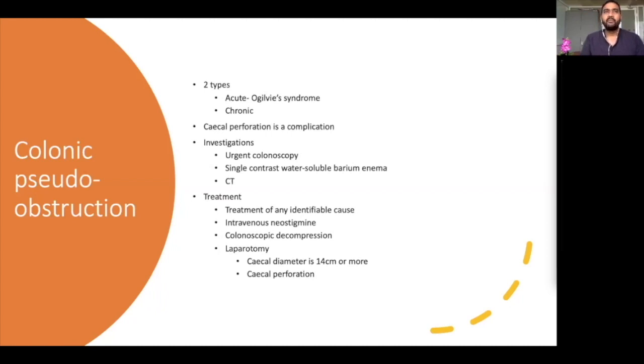Then, if it is a mechanical intestinal obstruction, we have to find out whether its cause is a loaded bowel or hard stool. For that, we have to do a digital rectal examination for every intestinal obstruction patient to see whether there are any hard stools in the rectum or not. If the rectum is empty, that means the intestinal obstruction is not due to hard stools.